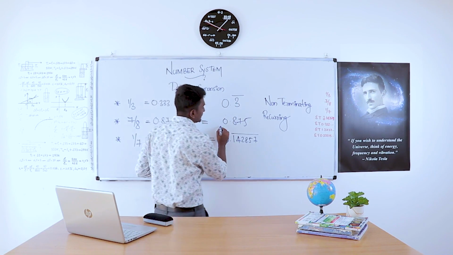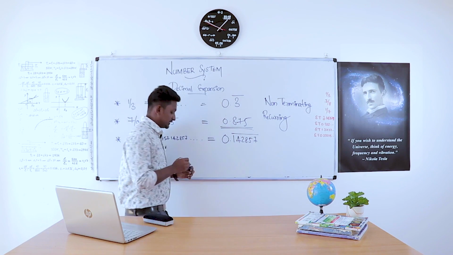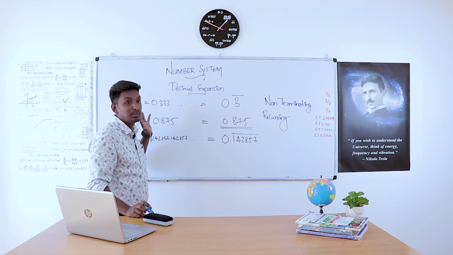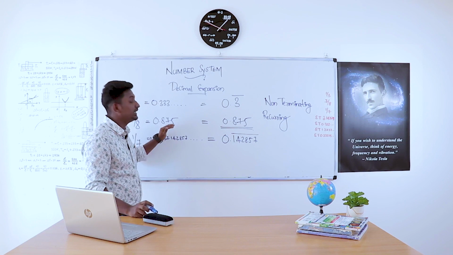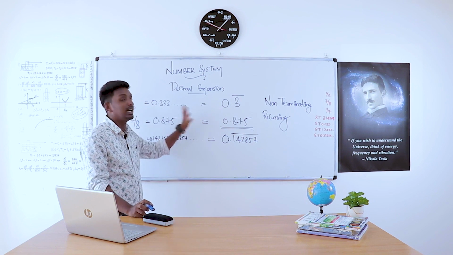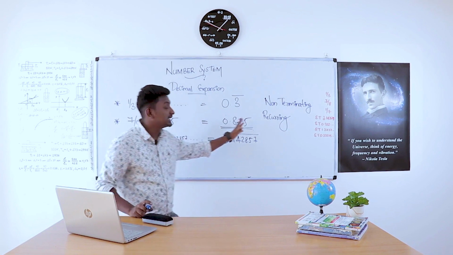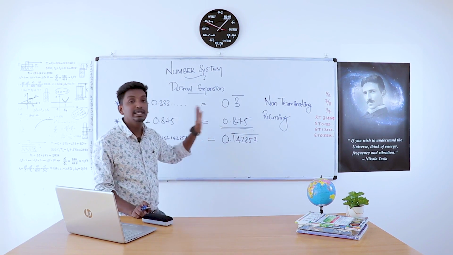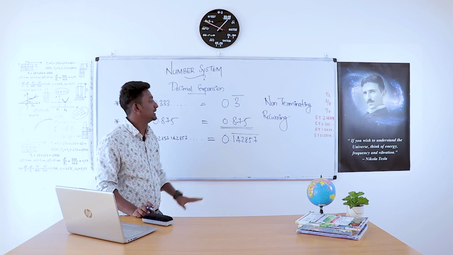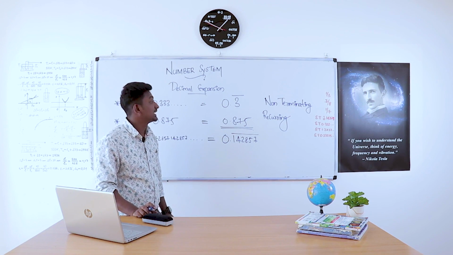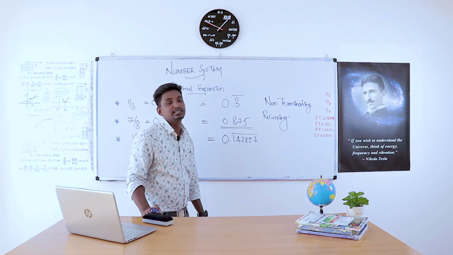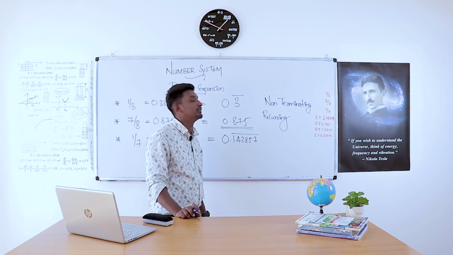But here, look, the division is completed. 7 by 8, 0.875 is the answer. And the division is completed. No number is repeating again and again. 0.875. That's all. It is completed. Such expansions are called terminating expansions or terminating decimal forms.